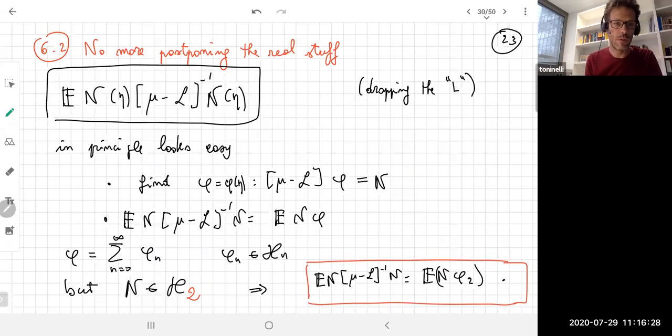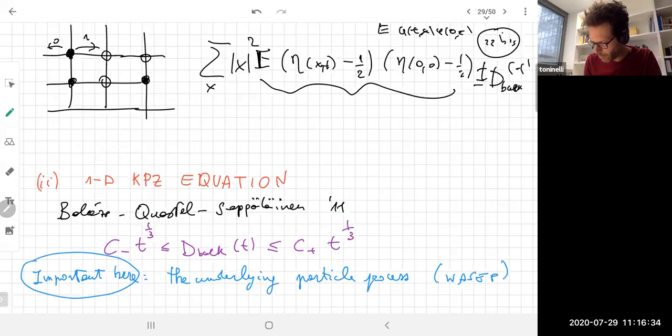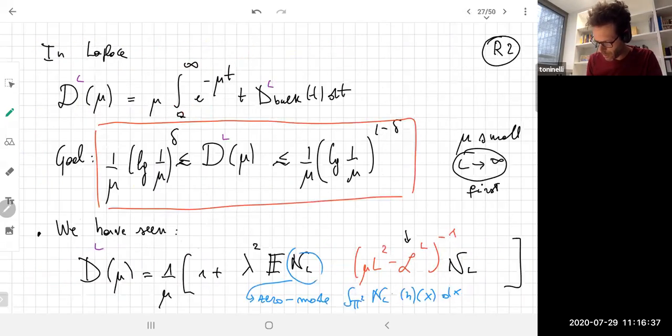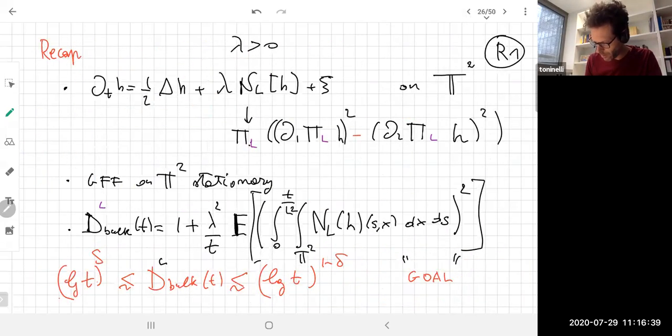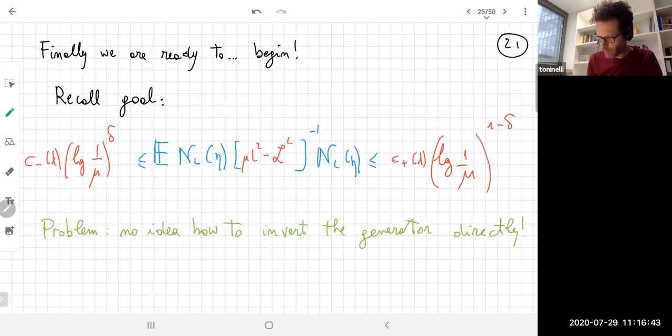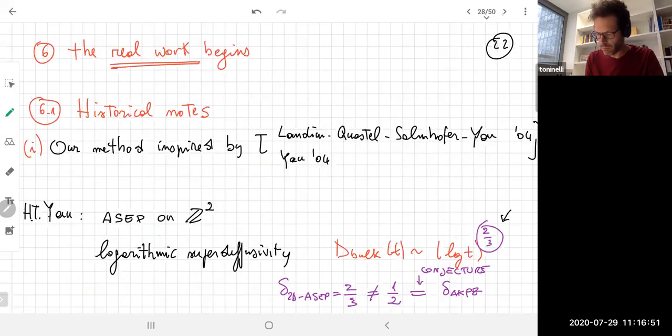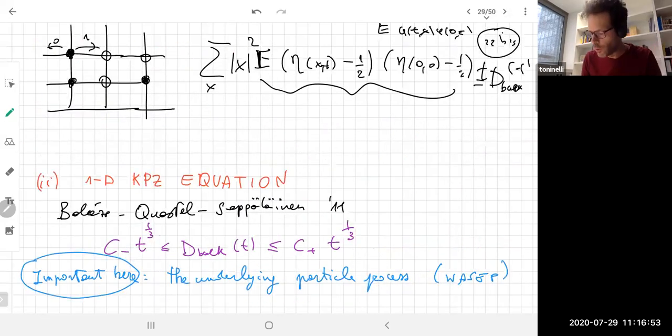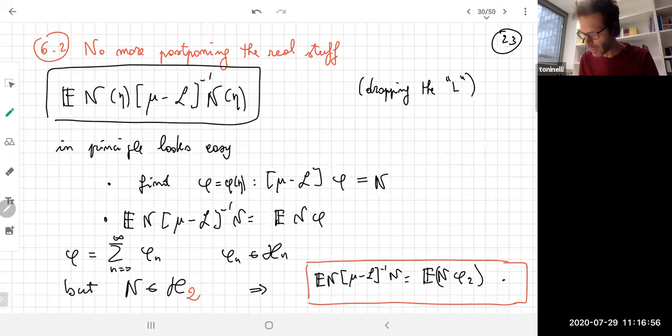There is an index L in the nonlinearity because the cutoff in Fourier space is at L, and this mu should be mu lambda squared, if you remember what was written here somewhere. You see, we have to compute the things at mu lambda squared, not at mu L squared, not at mu. But for the moment, for some time, I will call it mu.